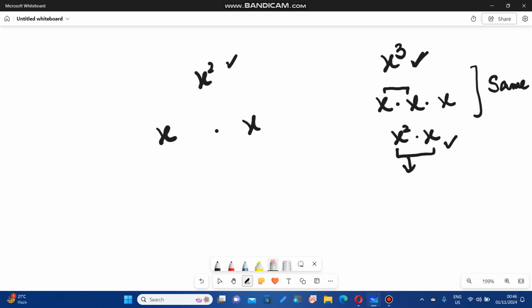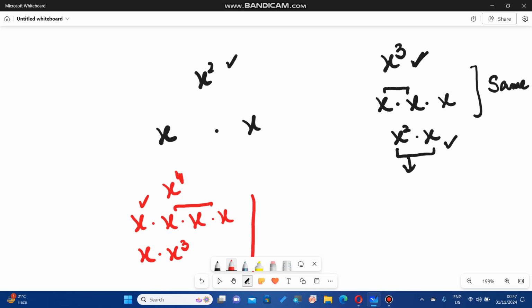Now let's say we have x⁴. We can write x⁴ as x times x times x times x. We can write it as x times x cube, correct? Or we can write it as x squared times x squared, correct?